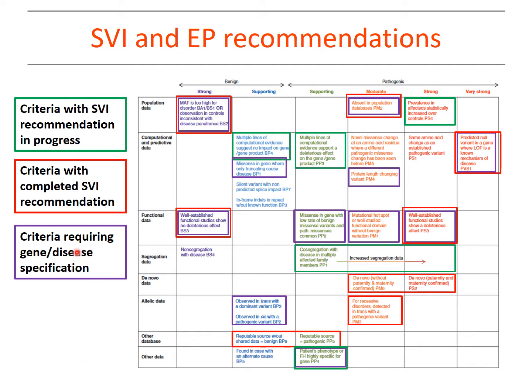So these are the experts. Everything which is marked here in purple, you can see that these codes are refined by variant curation expert panels or clinical domain working groups. So they should define exactly what is too high and what is well established.